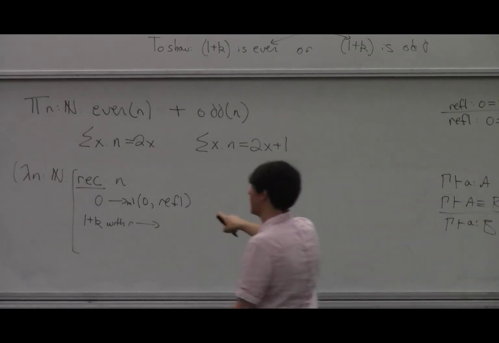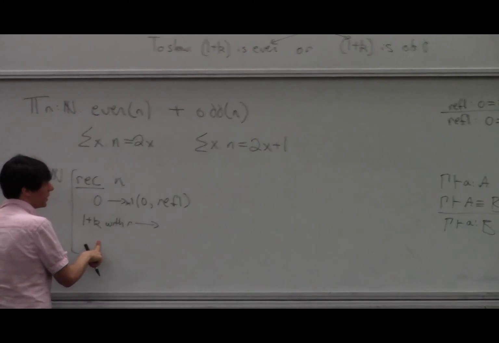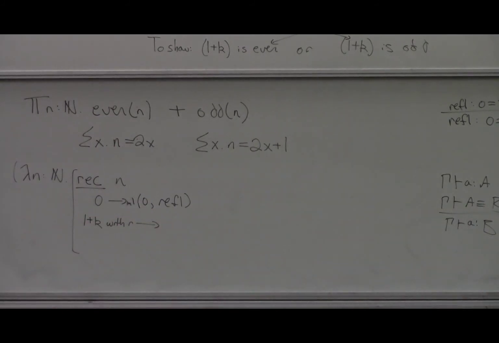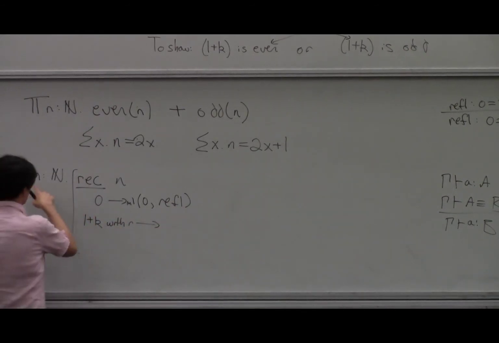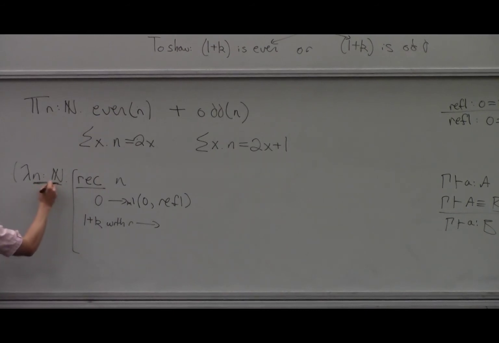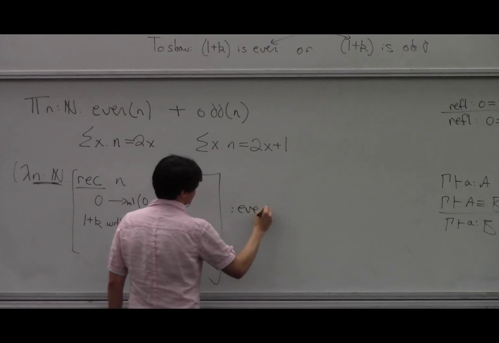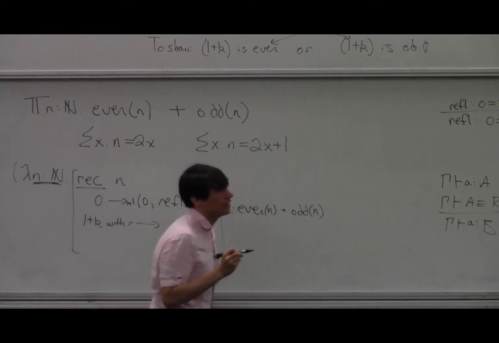So let's look at the typing for the recursor. What it says is, to produce a B, you give a B and you give another B. What's the thing we're trying to produce in this case? We're trying to produce, for this variable n, something that has type even of n or odd of n.